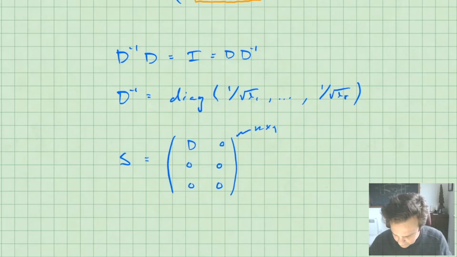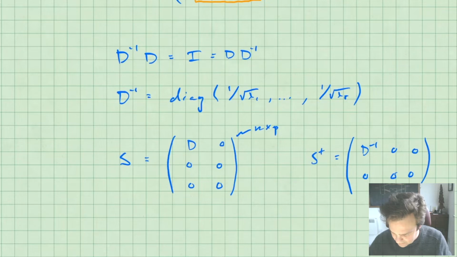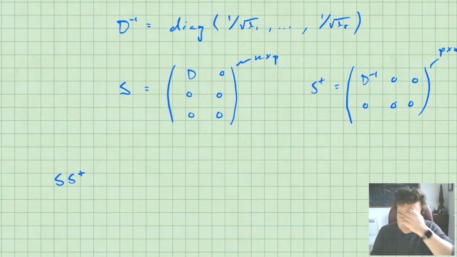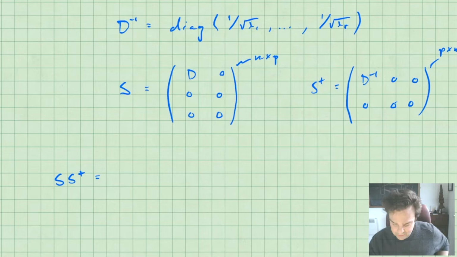And S plus we just saw, this is the inverse, and then filled to p by n with zeros. If you look at S plus times S, or let's first try S times S plus, what do you get?